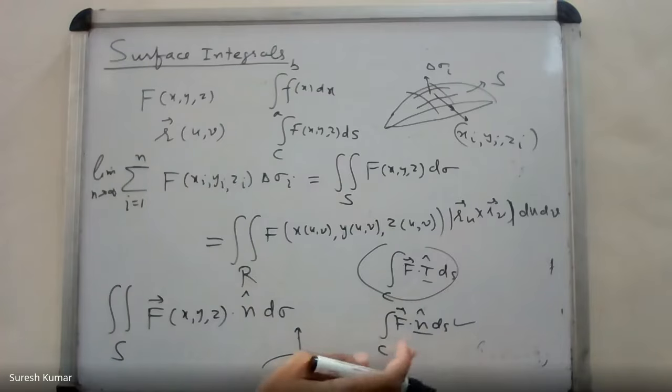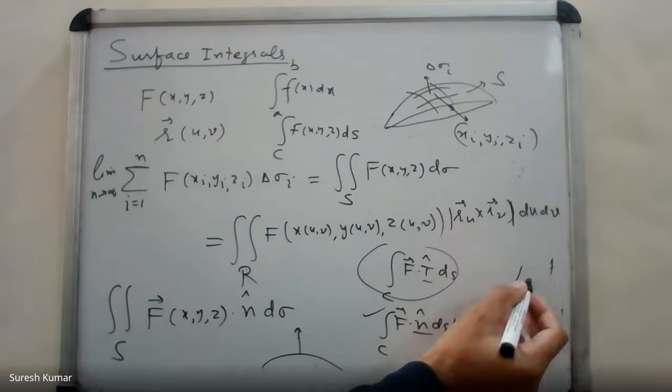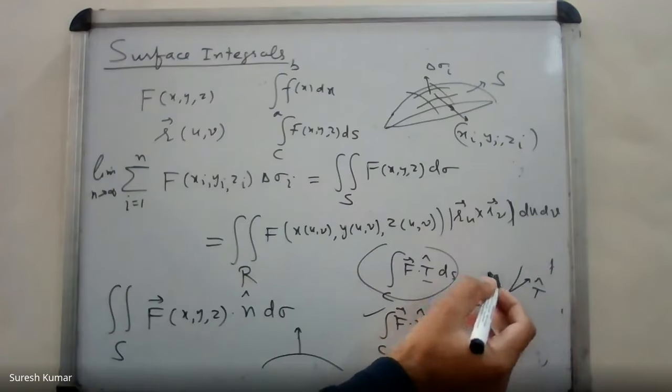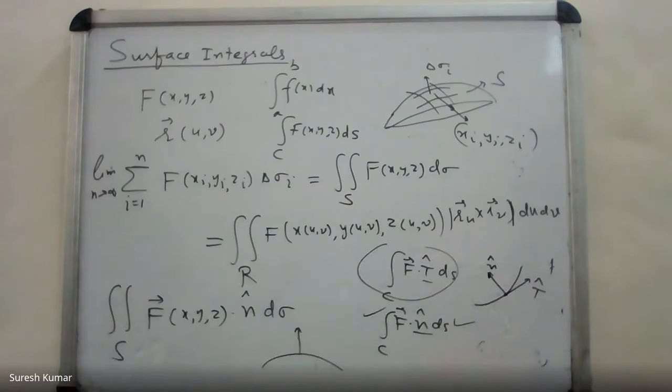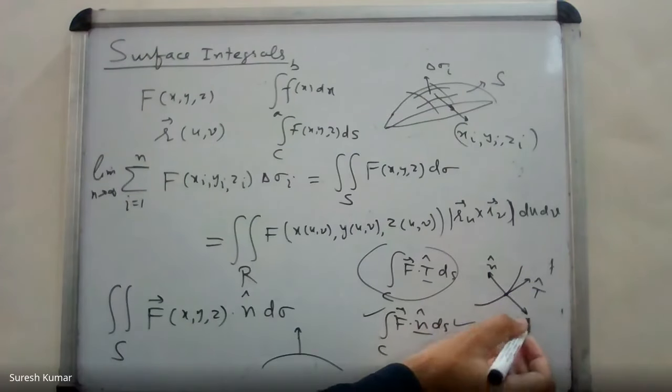Here I would like to clarify one more point regarding this line integral. If you recall chapter 13, to any curve C we define two vectors, t cap and n cap. Here n cap is naturally towards the concave side. But when we define this line integral, we consider it in the opposite direction.